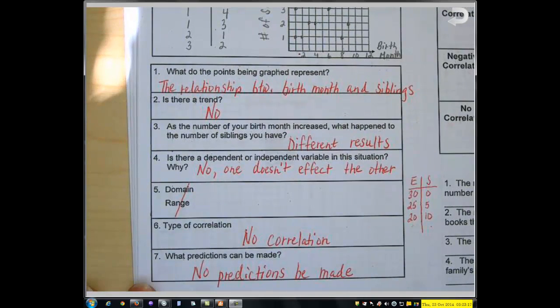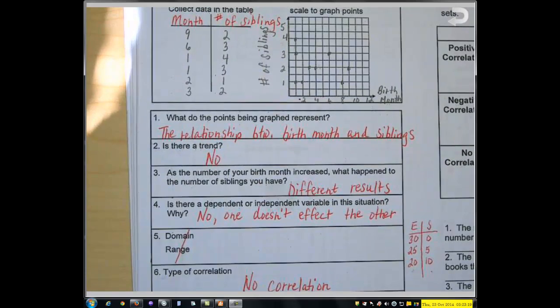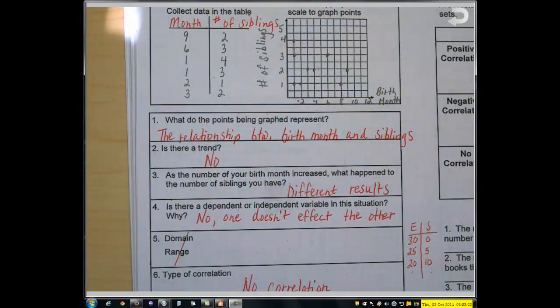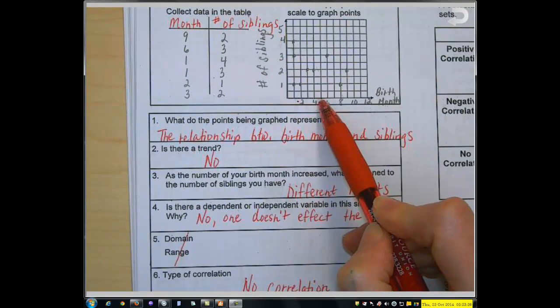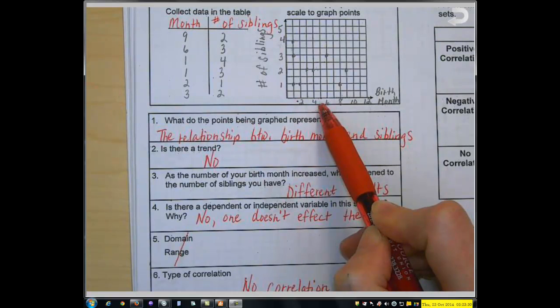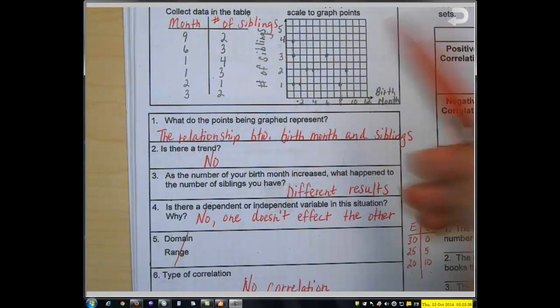So let's see if we can make any kind of prediction at all from the graph. I'm noticing that we don't have any data for a birth month of May, month number 5. So I'm going to try to make a prediction about how many siblings someone born in May would have.